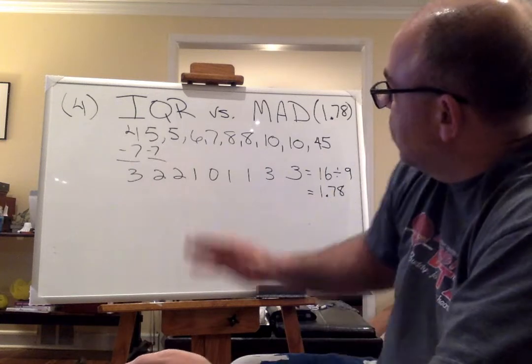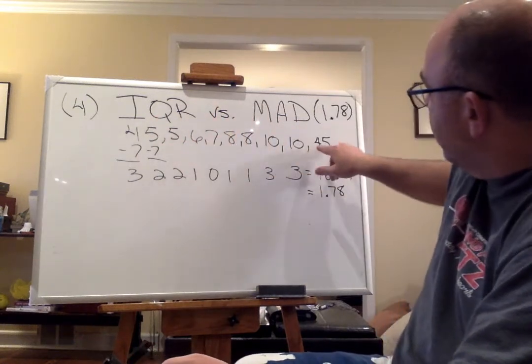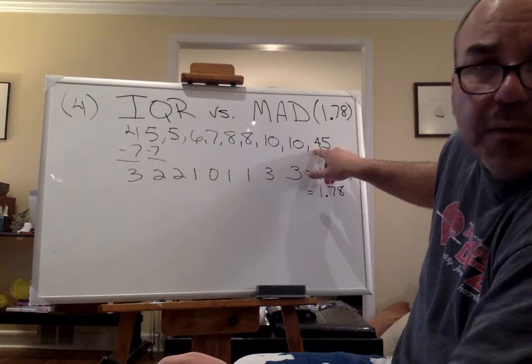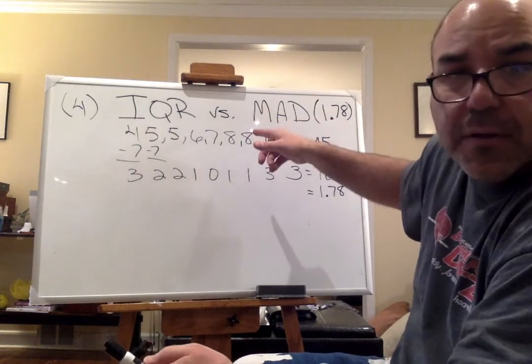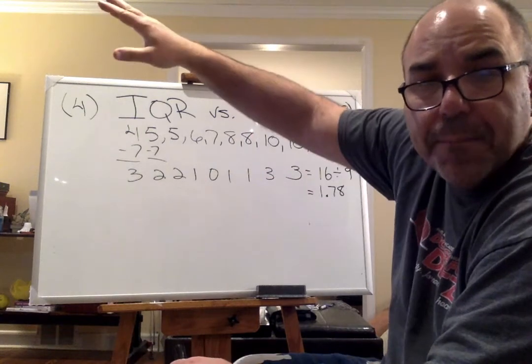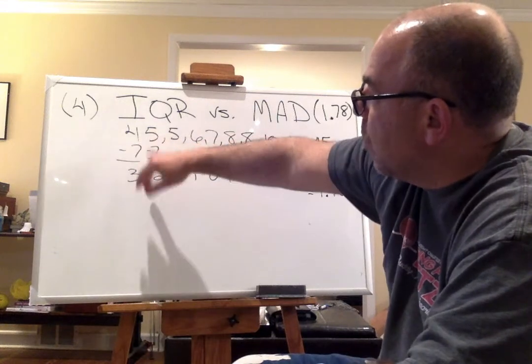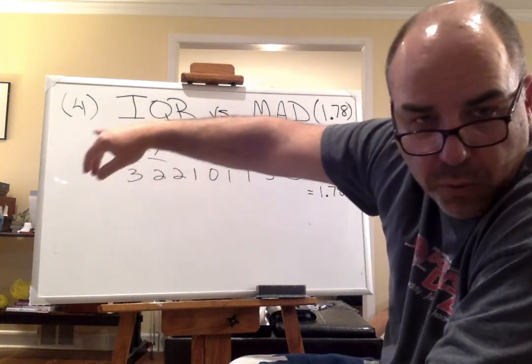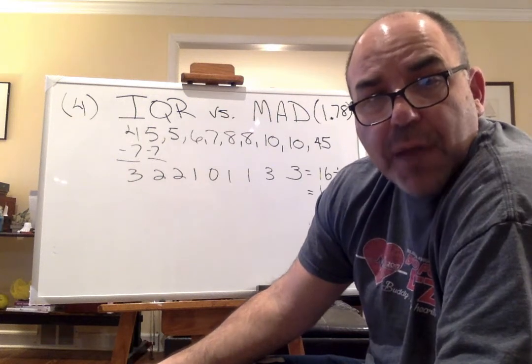If you have a bunch of numbers that are close together, like in this list right here, and then you have some crazy number at the end that makes the mean of that list go way up, or on the opposite side, it would go way down. If all this was 40 and 50 and 50, and we had like 2 on the other end, it messes everything up.